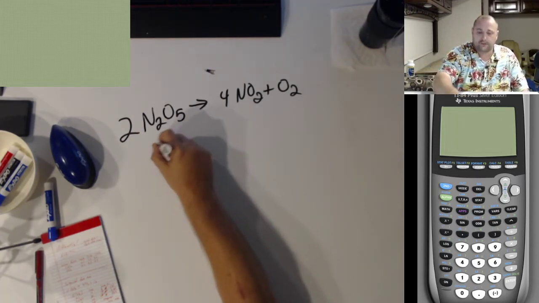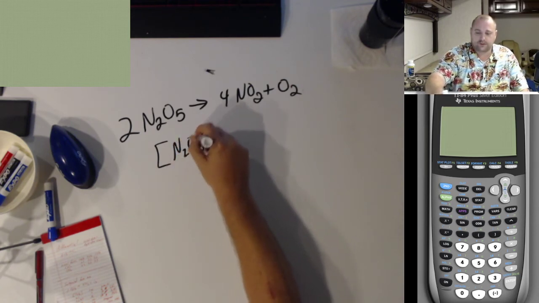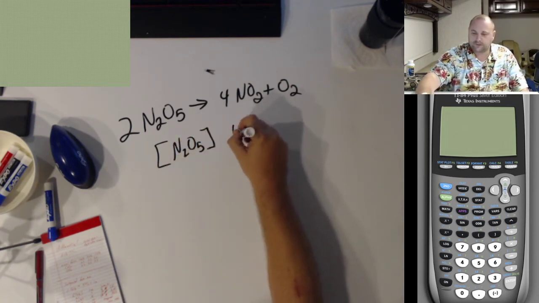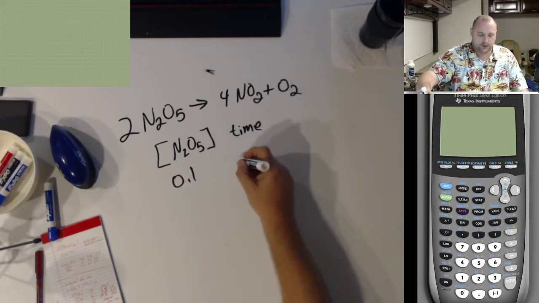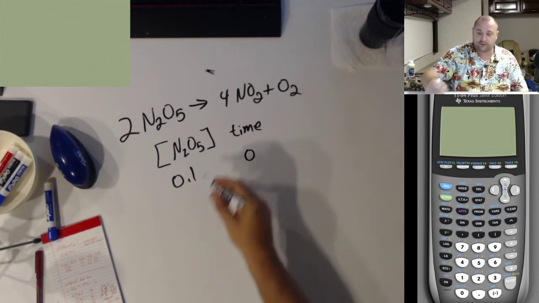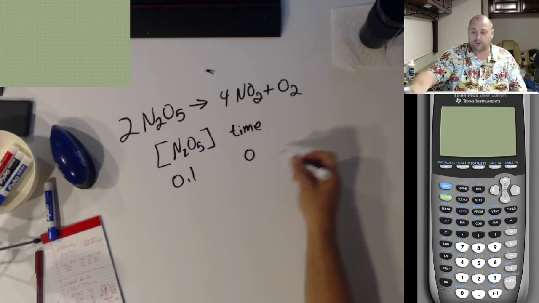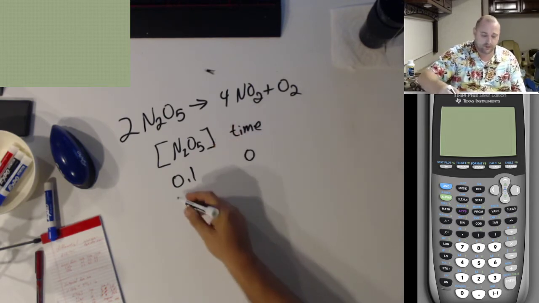And so they give us this table, N2O5 concentration versus time. And so 0.1 at time 0. So that's how much I started with. That's your initial, so if we wanted to plug this into our rate law, that would be sub-0.